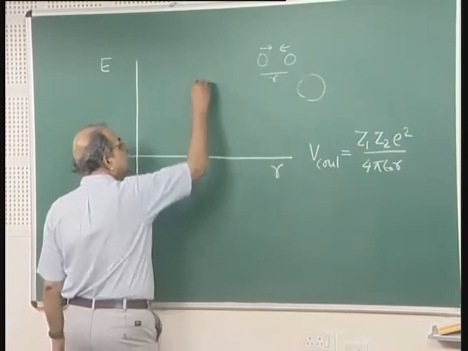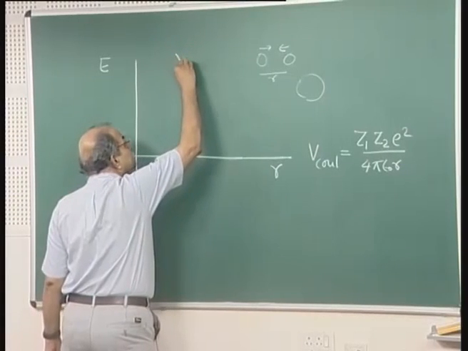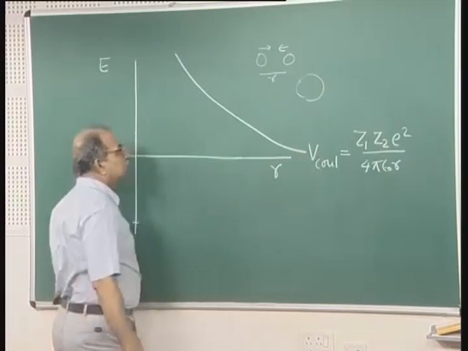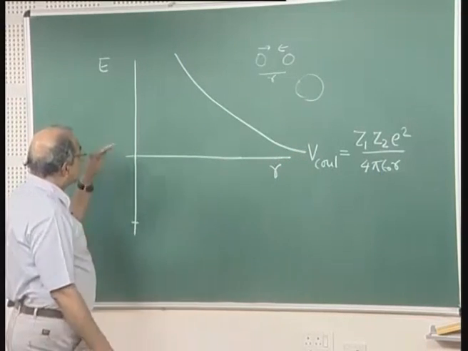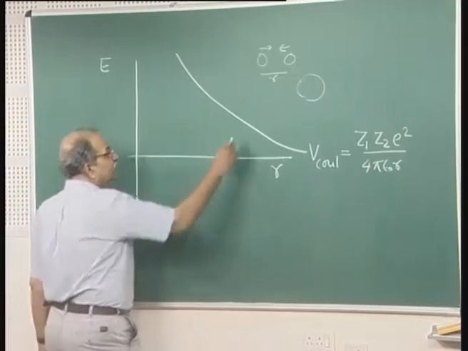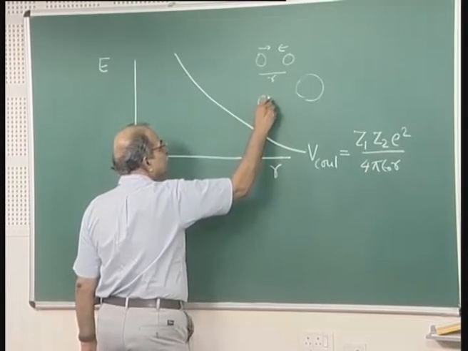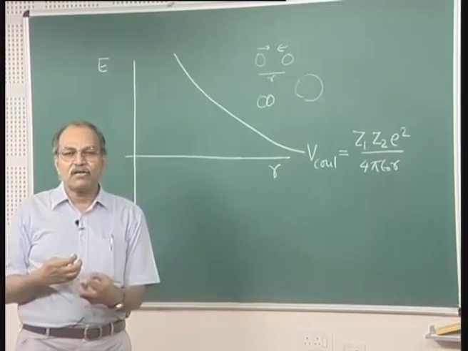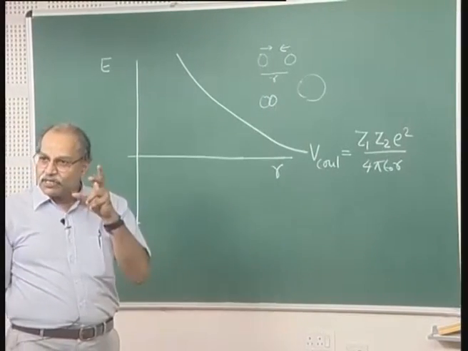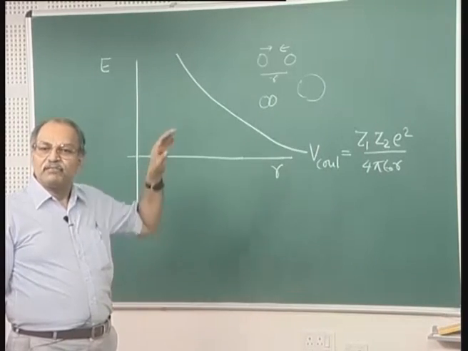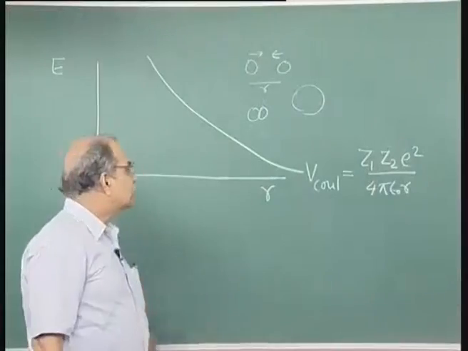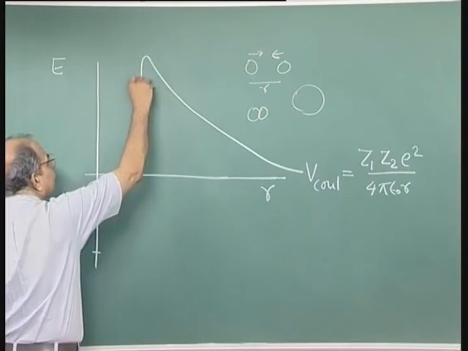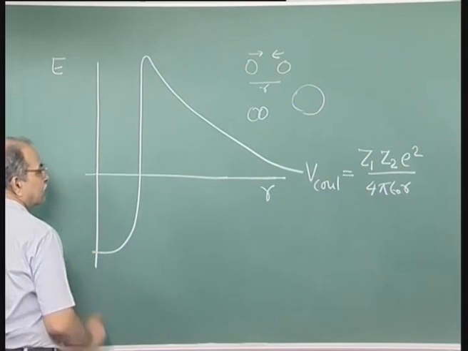So, it goes like this, the usual Coulomb potential nature. Then when they come very close to each other, when they are touching and going inside, the nuclear forces will take over and the potential energy will decrease, and that will finally come here. So, somewhere it goes back and comes like this.